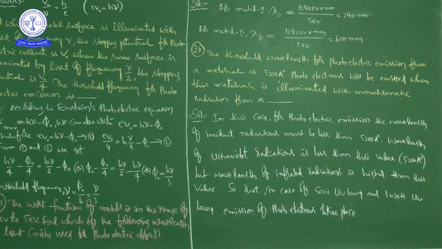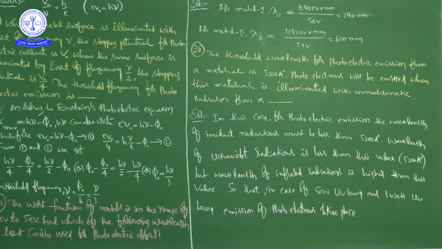Then if you take the next problem, problem number 38: The threshold wavelength for photoelectric emission from a material is 5200 angstrom unit. Photoelectrons will be emitted when this material is illuminated with monochromatic radiation from a dash.